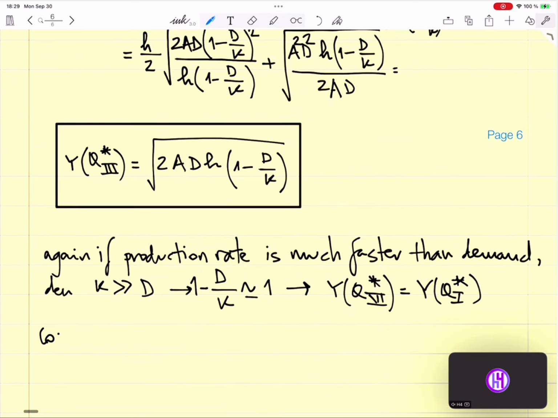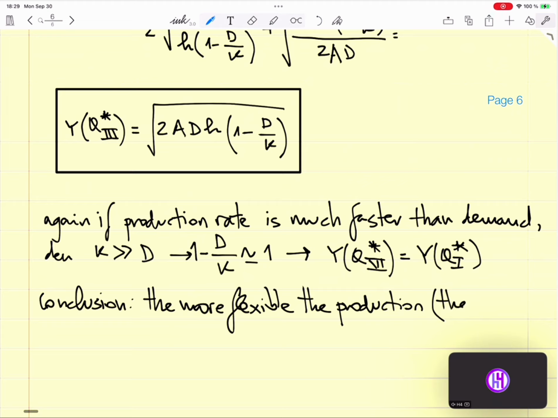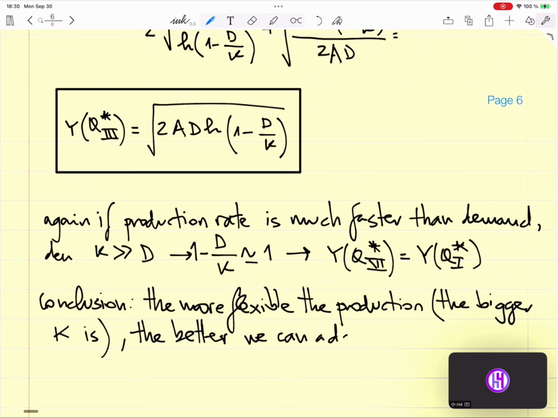Conclusion. Something that you already might know. The more flexible the production, so the bigger K is, the better we can adapt to demand changes.